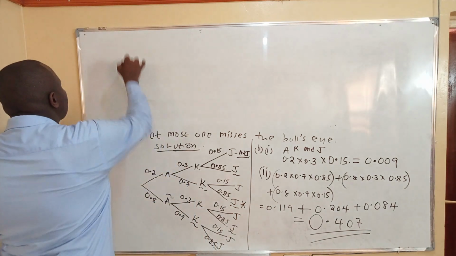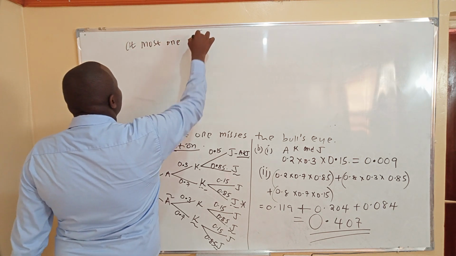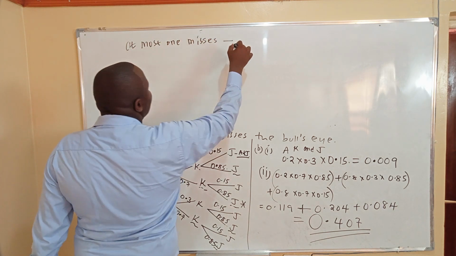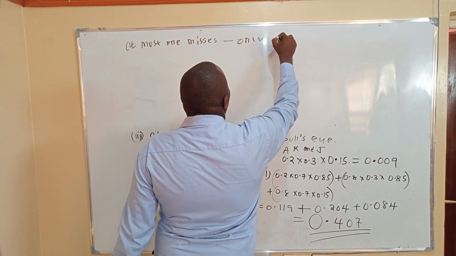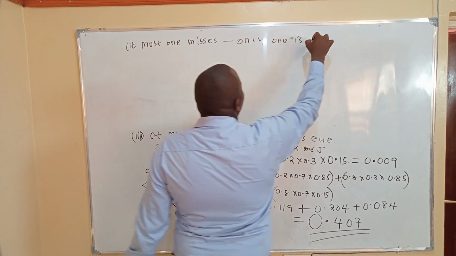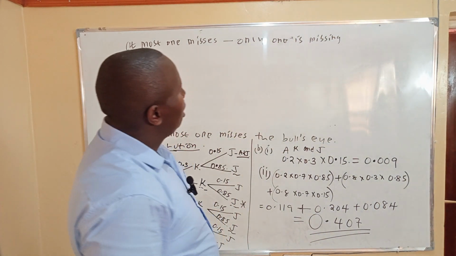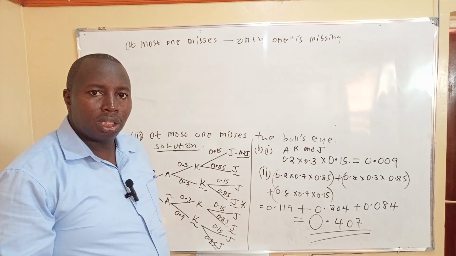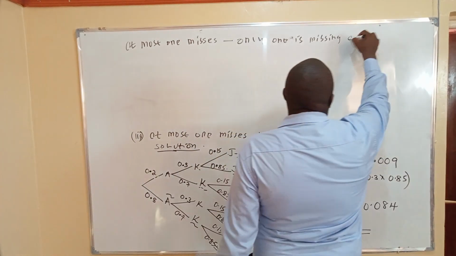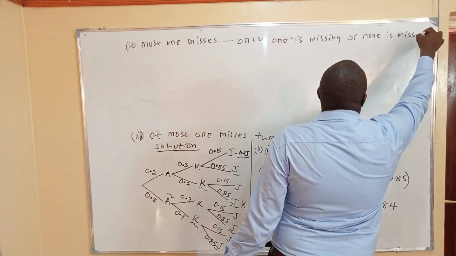At most one misses. This means only one is missing the target, or none is missing.